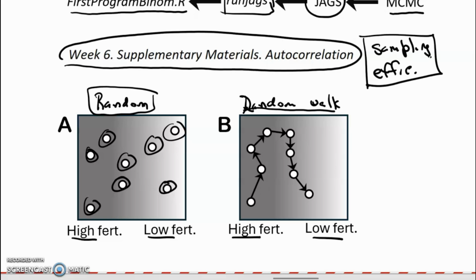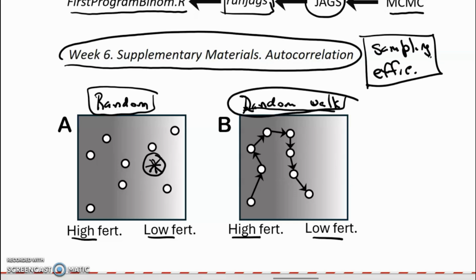With fully randomized sampling, it's highly efficient because each location in the field has an equal probability of being selected. On the other hand, with a random walk, that's not the case. The probability of this point being selected is determined in part by where it was at the previous time interval. Because it's not random, what you get is a reduction in efficiency.